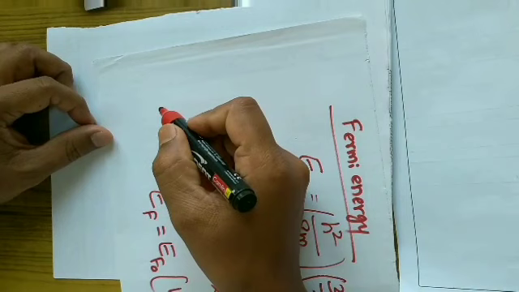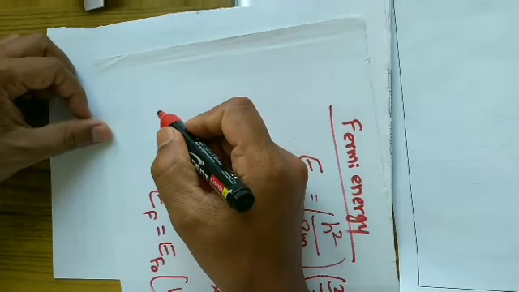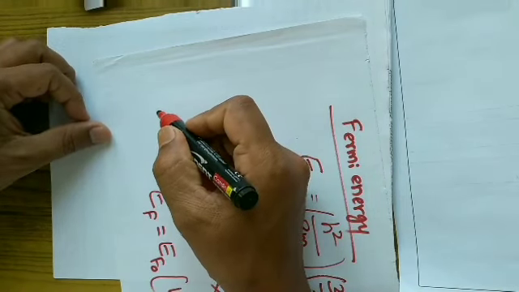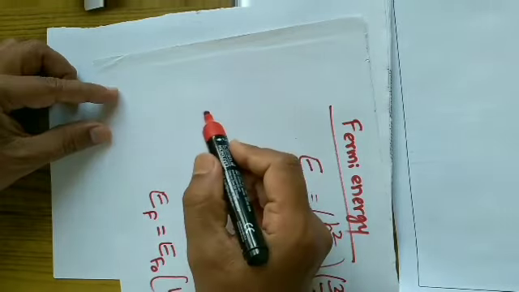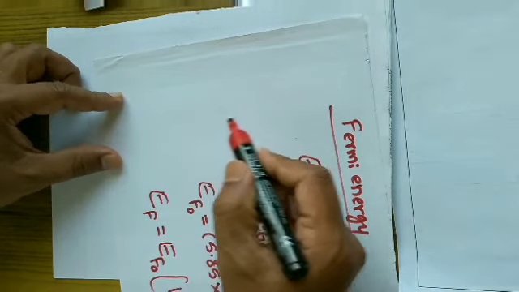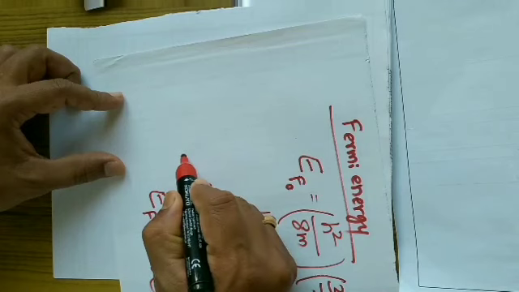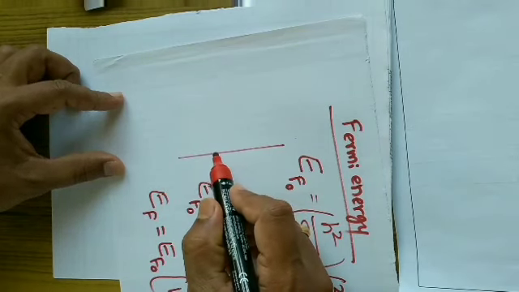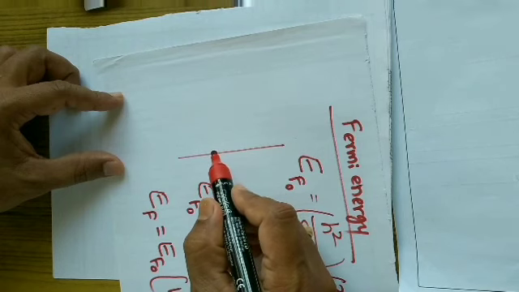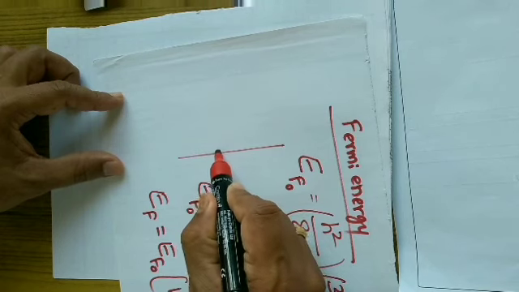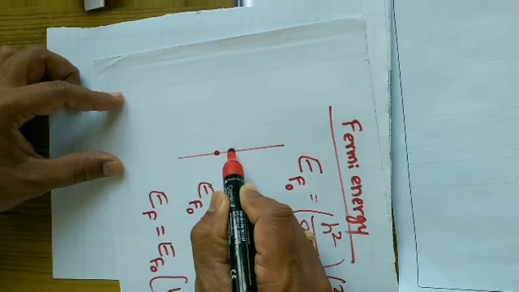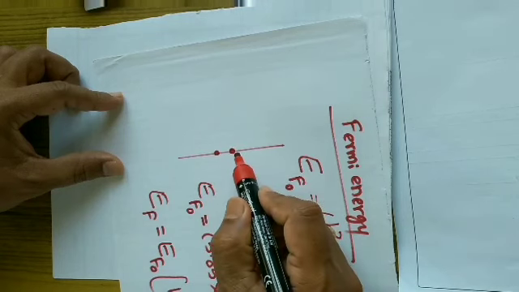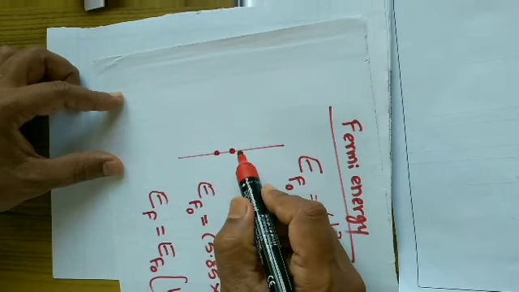Let me tell you in brief about the Fermi energy. I can show diagrammatically that if there are two electrons in a given system having the opposite spins, then they can occupy the lowest energy state according to the Pauli's exclusion principle.